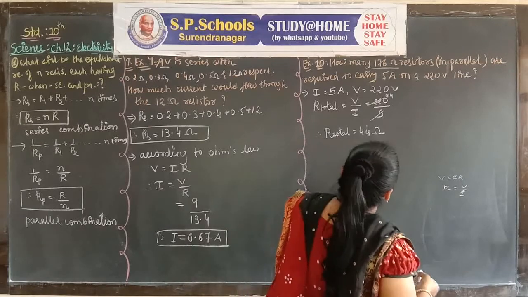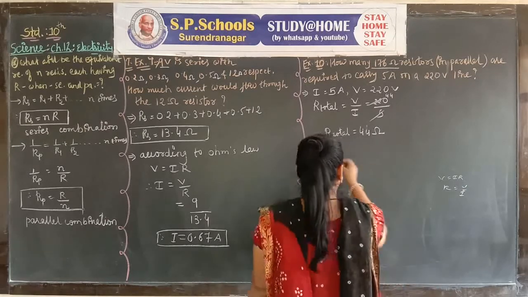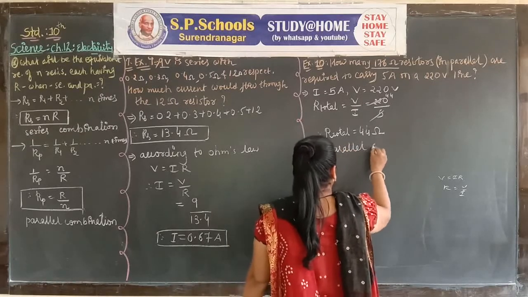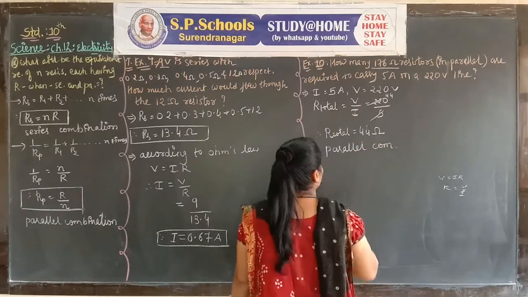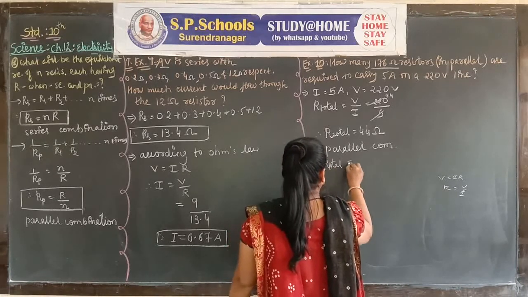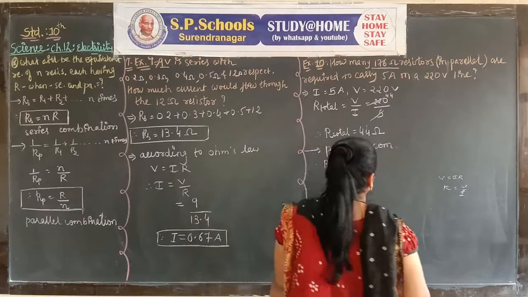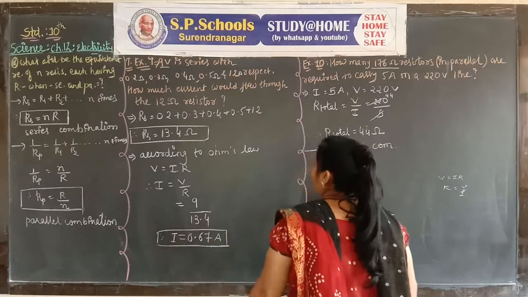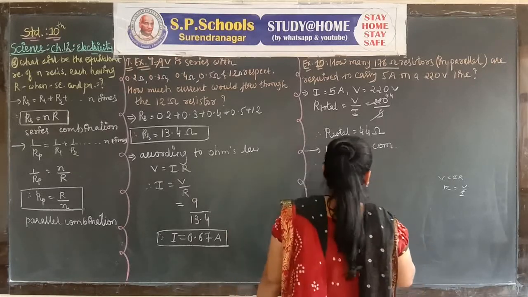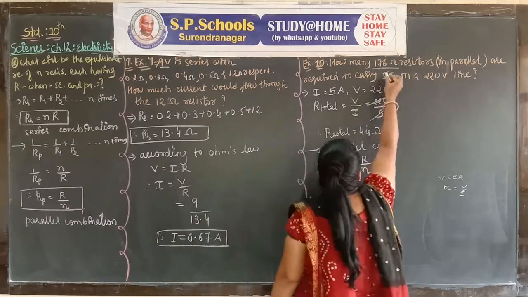But we want to find how many resistors. So we take all resistors connected in parallel combination, so R total is equal to R upon n. We take the formula which can find the number of resistors. Here capital R is 176, which is already given.